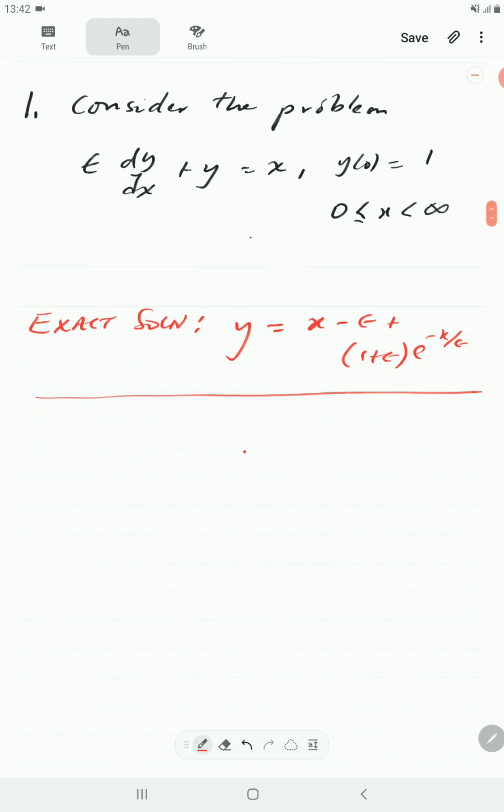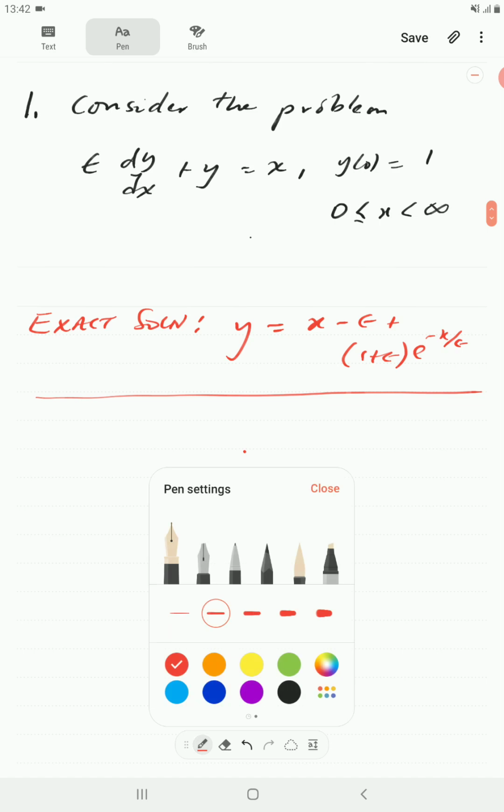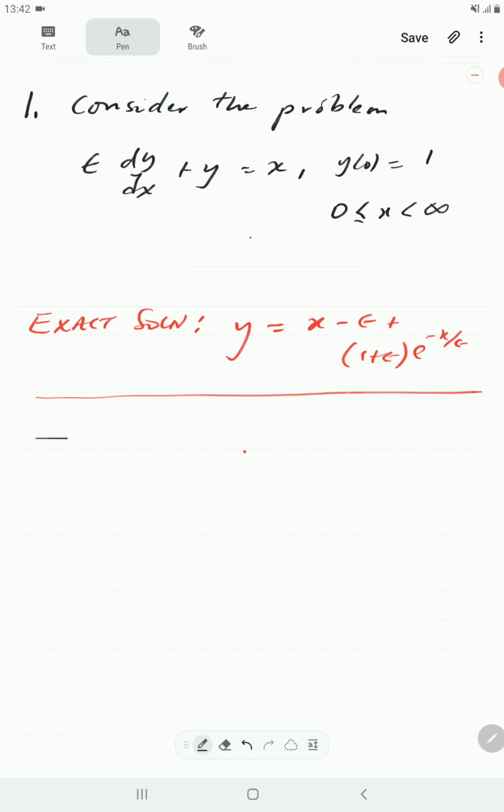Now we're going to start by looking for a solution in the outer region. We mentioned in the previous video that this is a solution determined by regular perturbation theory. Which one is the outer region we are going to determine as part of the solution.